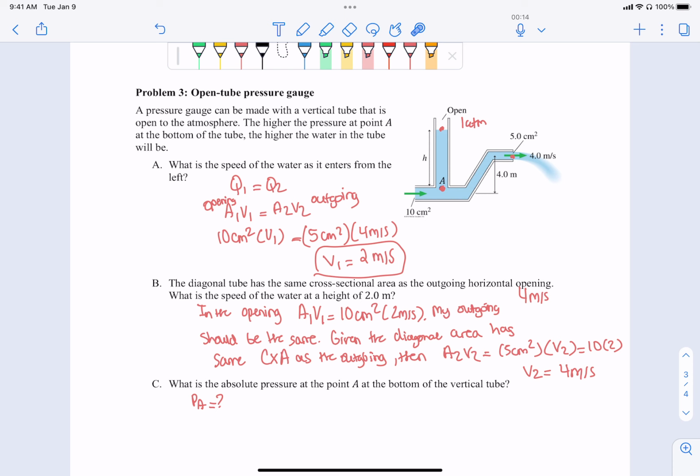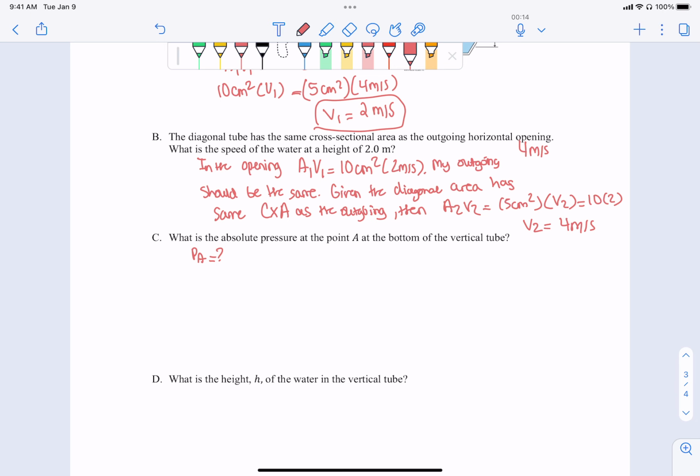I don't think we know the height yet for this part to have enough information to use as our point B. But we can use this as our point B because we know that this height is 4 meters from point A right here to that point B. And we also know a lot about the velocity and all those values.